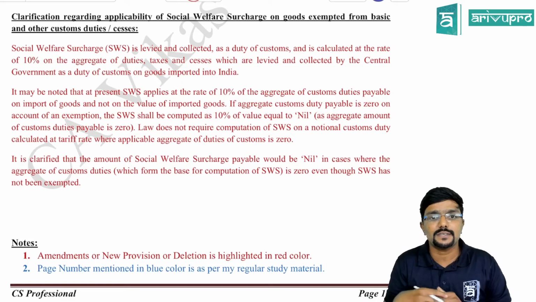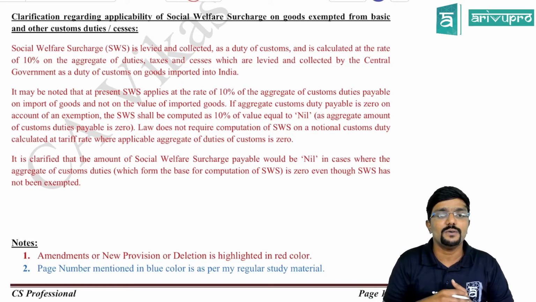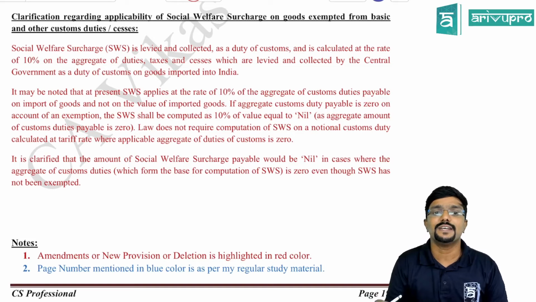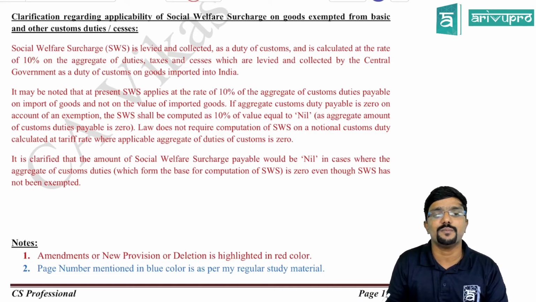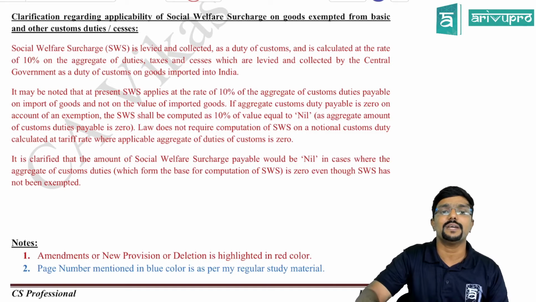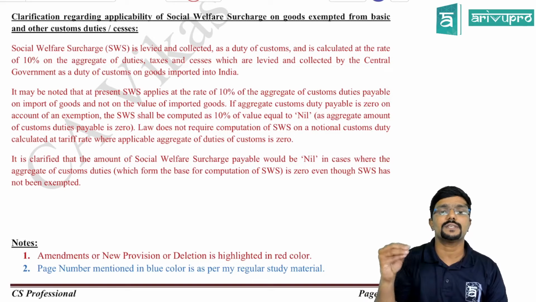If aggregate customs duty payable is zero on account of exemptions, the social welfare surcharge shall be computed as 10% of value equal to nil, as the aggregate amount of customs duty payable is zero. Law does not require computation of SWS on the notional customs duty calculated at a tariff rate where the applicable aggregate of duties of customs is zero.